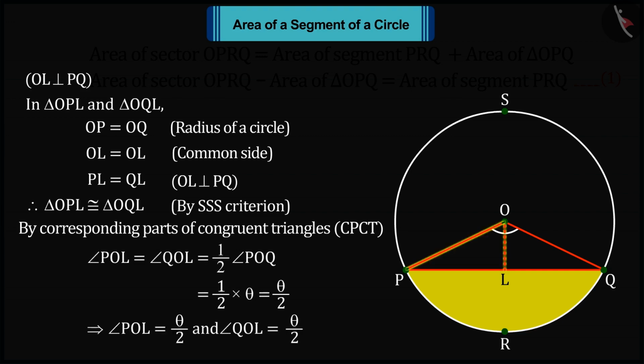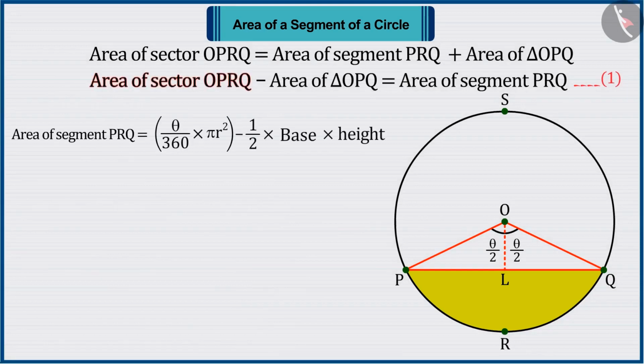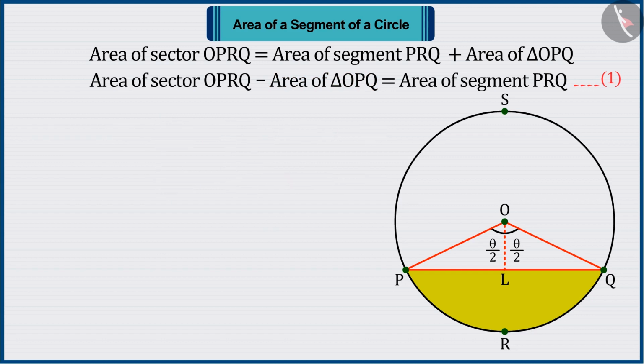The value of angle POL and angle QOL is theta divided by 2. In equation 1, the formula of area of sector is theta upon 360 multiplied by pi r square. And the area of a triangle is 1 upon 2 multiplied by base multiplied by height, where the base is PQ and the height is OL.